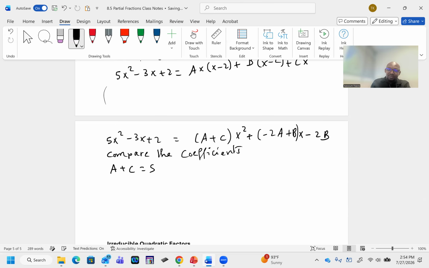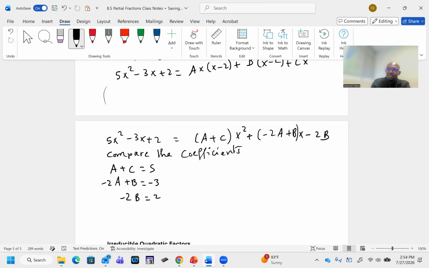And then negative 2a plus b will be equal to negative 3. And then negative 2b will be equal to 2.